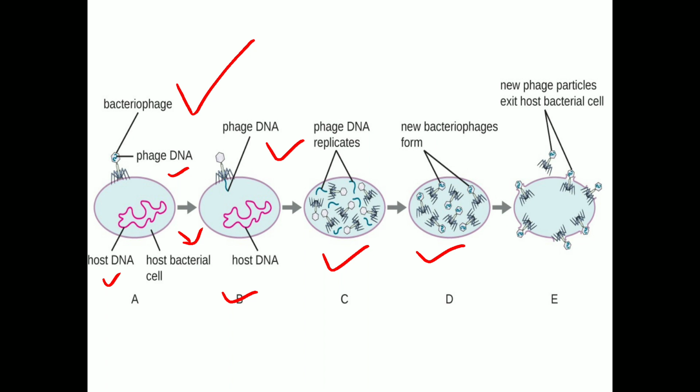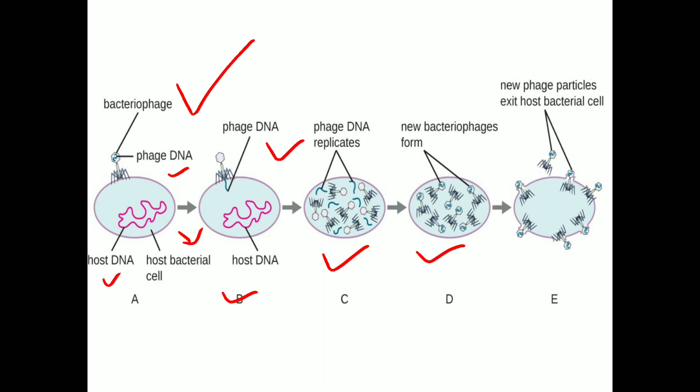Due to the multiplication of virus particles inside the bacterial cell, the virus particles exert force or pressure over the cell wall of the bacteria, and due to that the cell wall breaks, and the virus particles get released. This is called the lytic cycle, that is, breaking of the bacterial cell takes place.